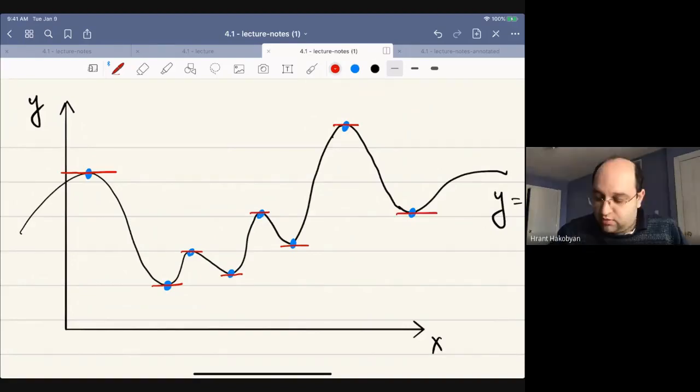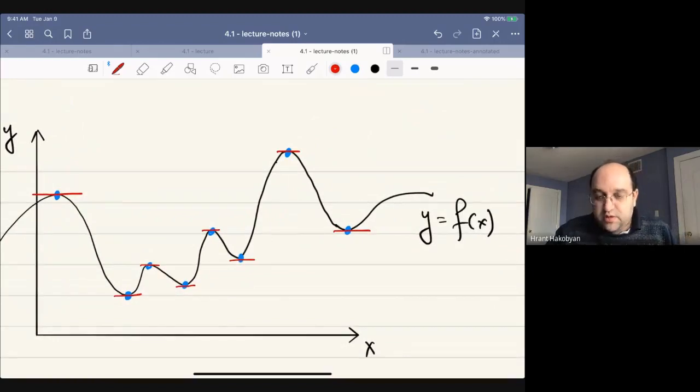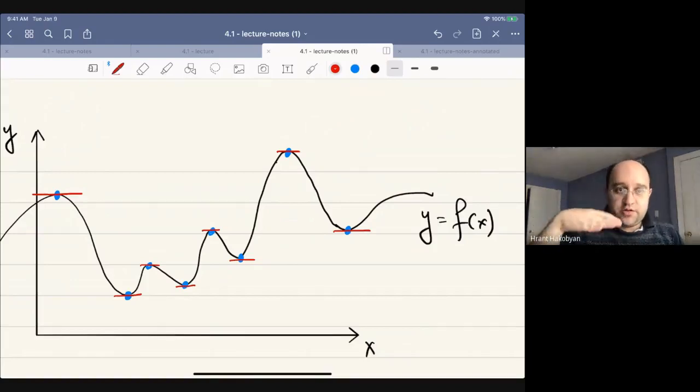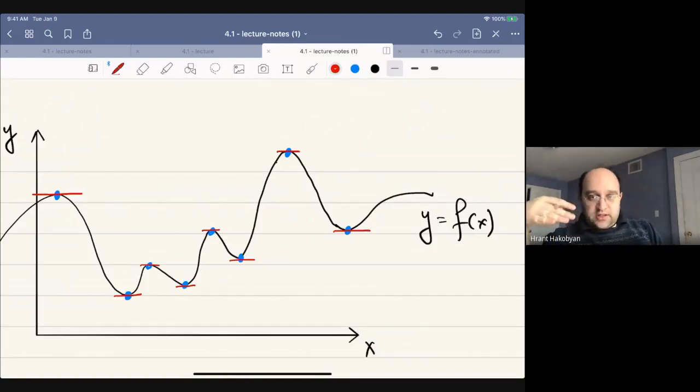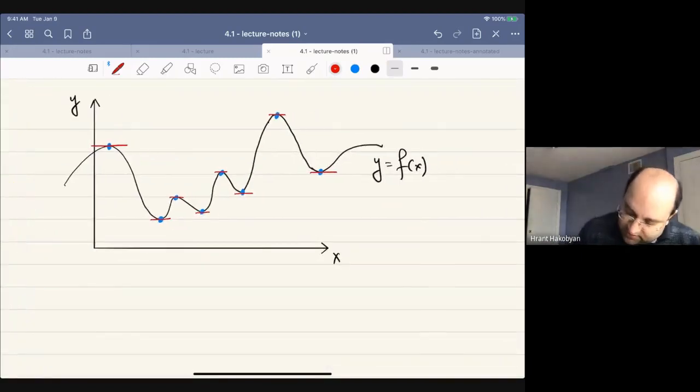What's common about all of this? One thing is common. At a local maximum or a minimum, we have that the tangent line is horizontal, right? So that means the derivative at that point has to be 0.